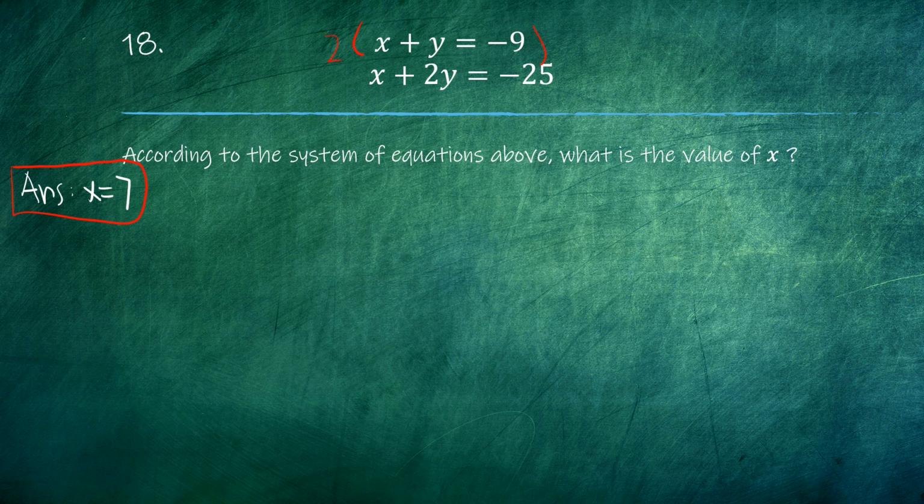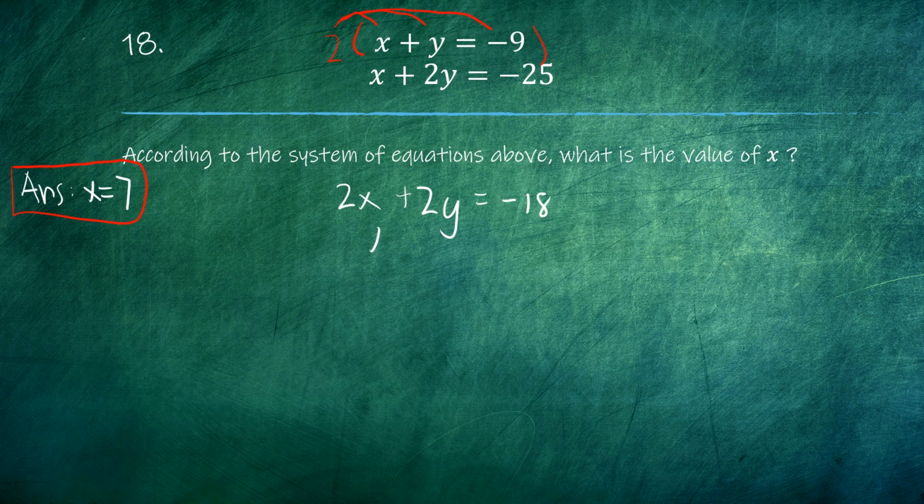And remember, when you multiply the whole equation by 2, it gets distributed into each term. So let's rewrite that. We have 2 times x, which will give us 2x. And then we have 2 times 2y, which will give us plus 2y. And then we have 2 times negative 9, which will give us negative 18.